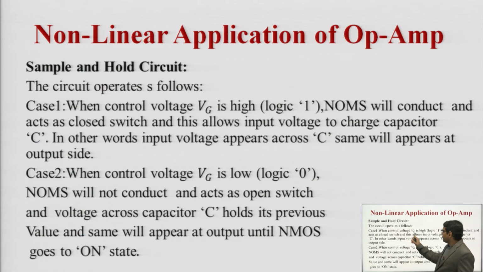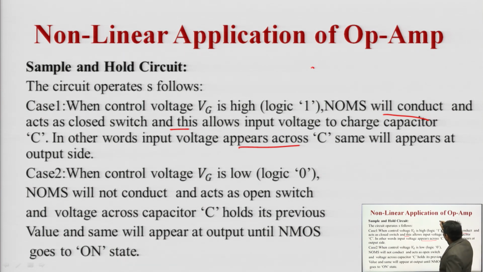Case 1: when the control voltage is high, the NMOS will conduct and act as a closed switch and allow the input voltage to charge the capacitor C. In other words, the input voltage appears across C, and the same will appear at the output side.